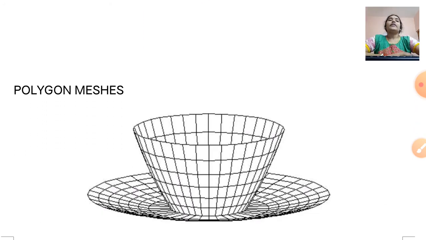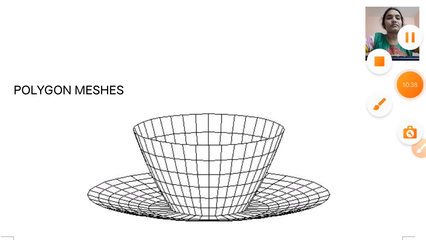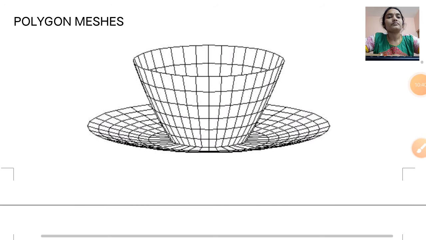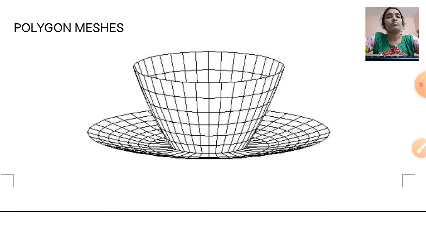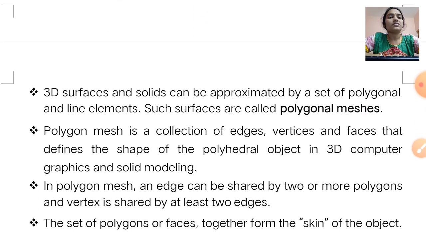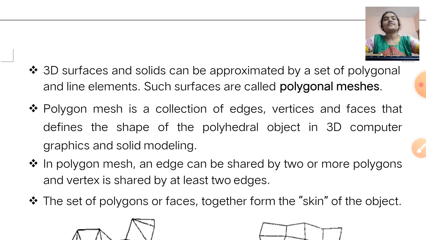Okay, next we discuss polygon mesh. This one is your figure of a polygon mesh. So let us discuss what a polygon mesh is. 3D surfaces and solids can be approximated by a set of polygonal and line elements.